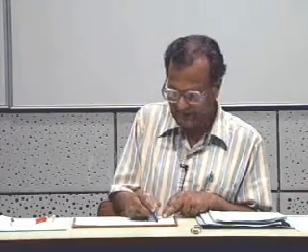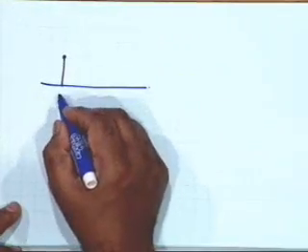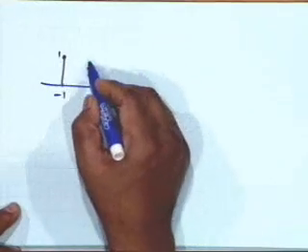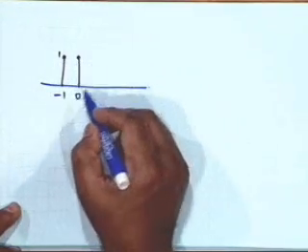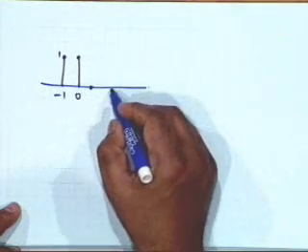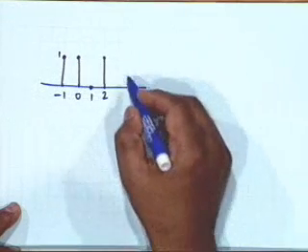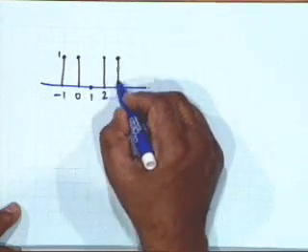Let's consider a simple example. Let's say we have x of n like this. We have a sample at -1, this is 1. We have a sample at 0, this is also 1. Then at 1 it is 0, at 2 it is 1, and at 3 it is 1.